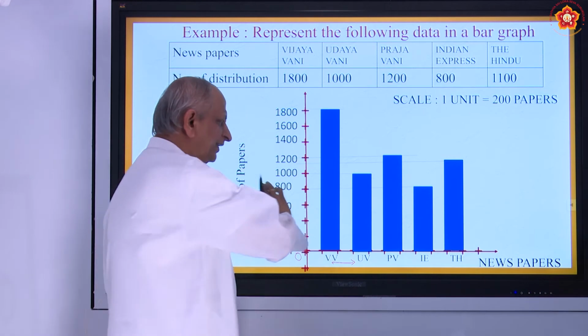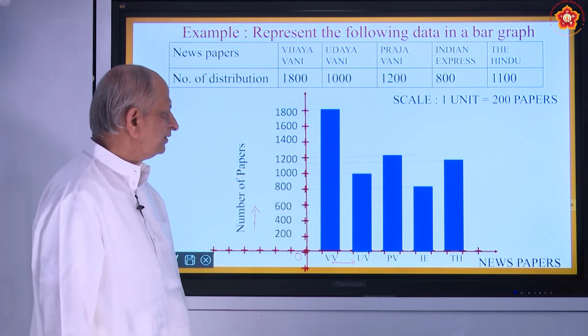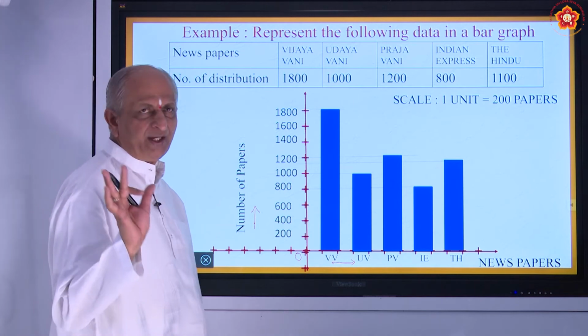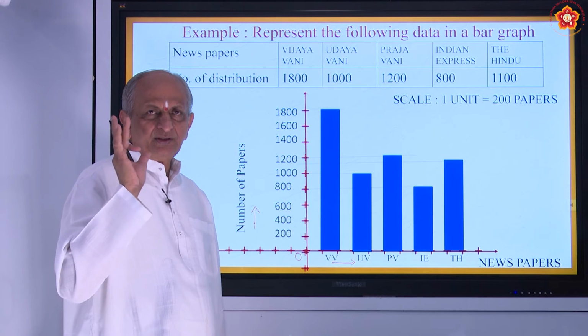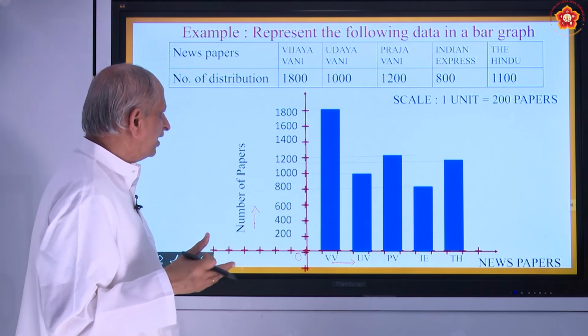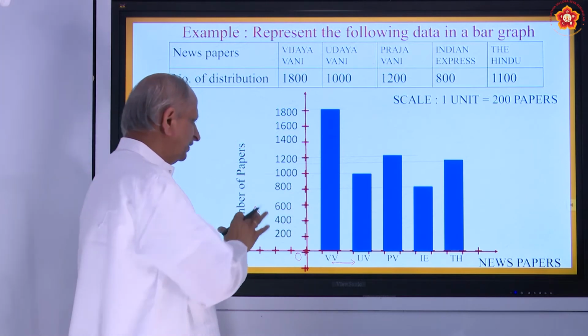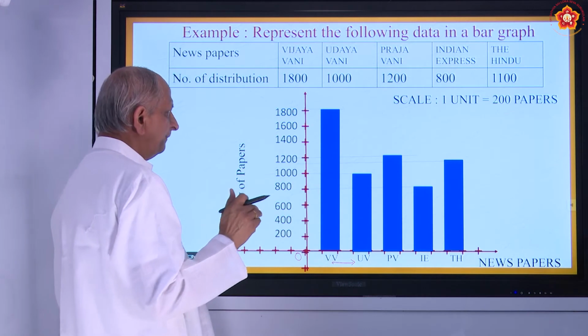Sometimes they draw like this also, but this looks very beautiful. Okay, so this is one way of representing frequency data or group data, and by looking at it we can make out which is maximum.